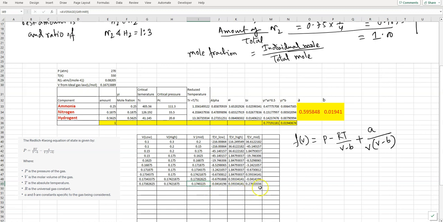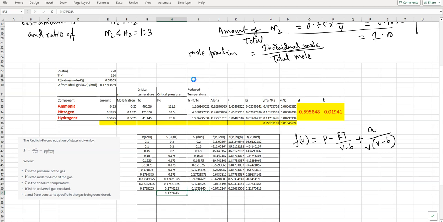Now this is positive, this is negative. Now V high will be this, 0.1740225, and the other will be as it is, 0.1732265. If you do like that, it will narrow and narrow.